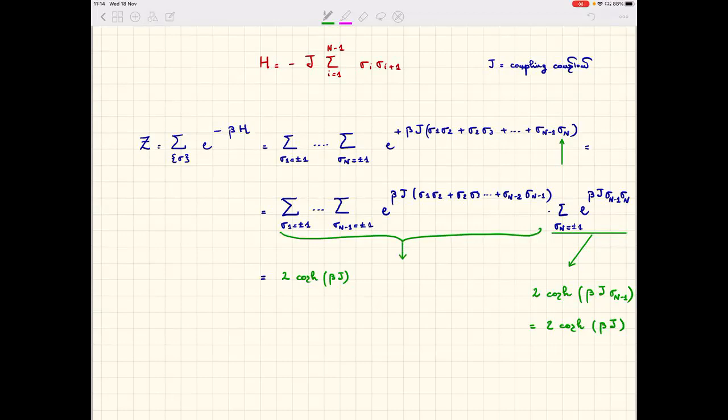It's nothing but the partition function of n minus 1 spins. This one originally was the partition function of n spins. Well, this is going to be the partition function of n minus 1 spins. You see, it's essentially the same as the one we wrote here, but instead of n, I have n minus 1.